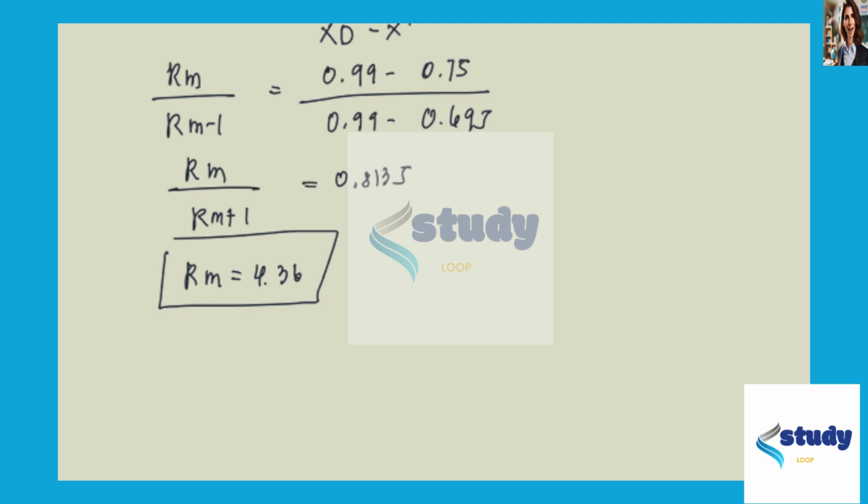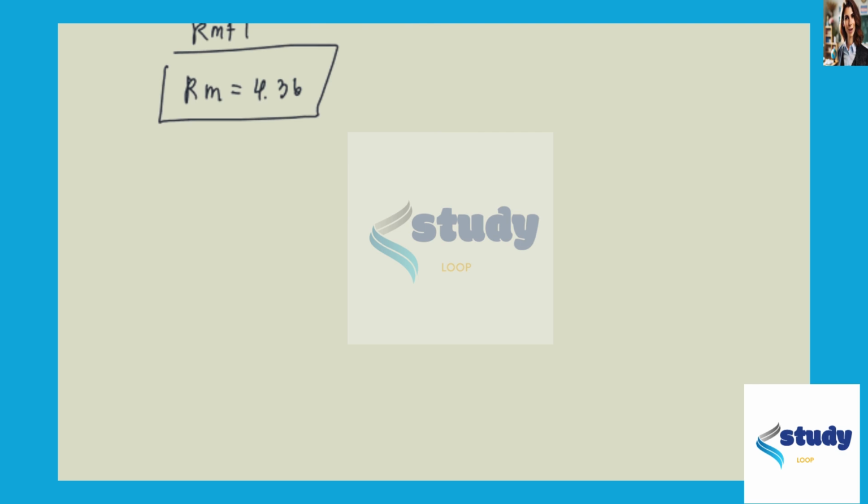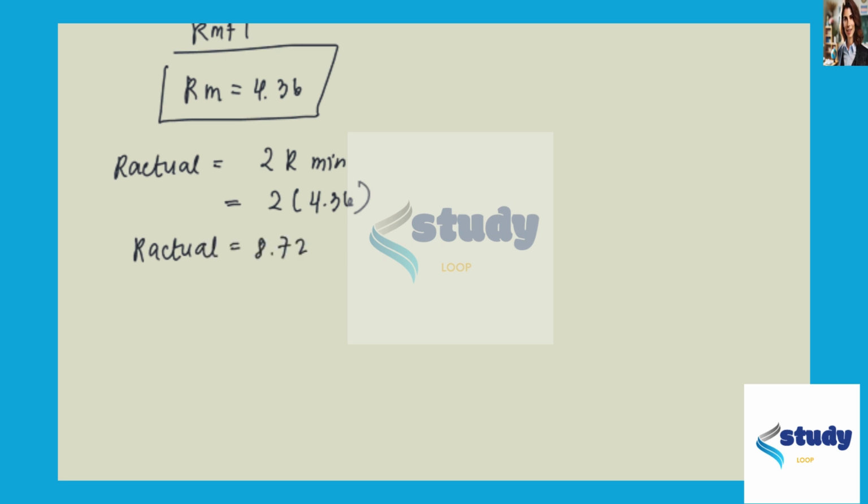Next, we have to get the actual reflux ratio, R, which is 2 times 4.36, so R will be equal to 8.72.